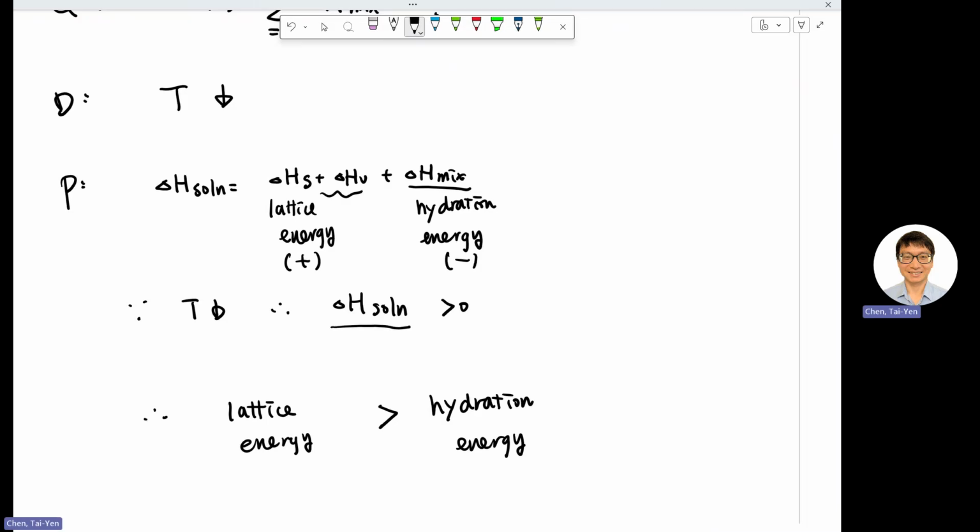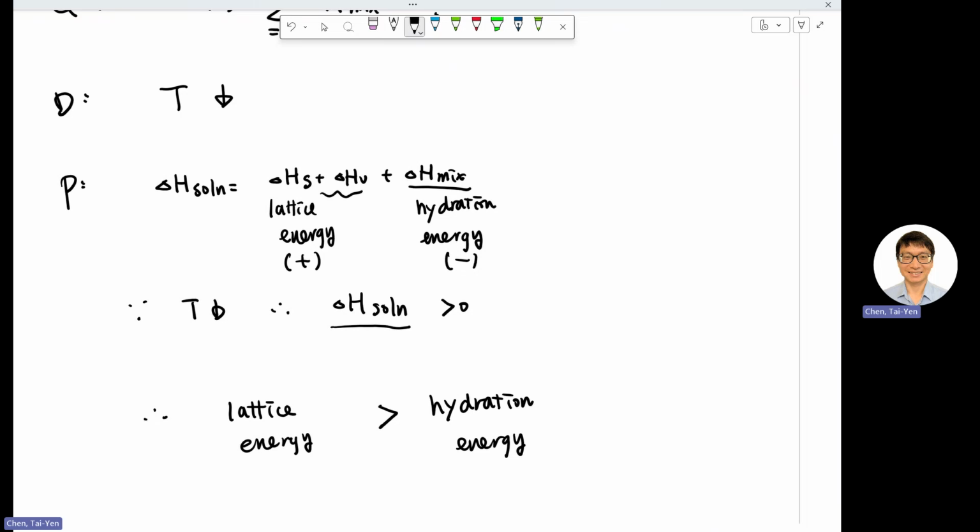So this is the typical question you'll be asked in your homework, in your quiz, or in your midterm. You must know that delta H solution is a sign. If delta H solution is negative, it's exothermic, temperature increases. If it's positive, endothermic, temperature decreases. And if delta H solution is positive, then your lattice energy will outweigh your hydration energy.